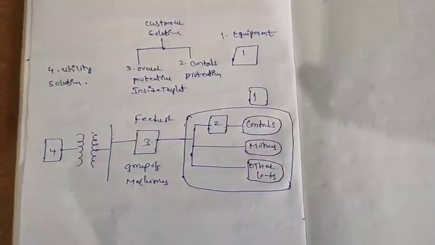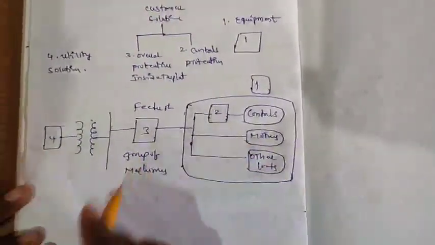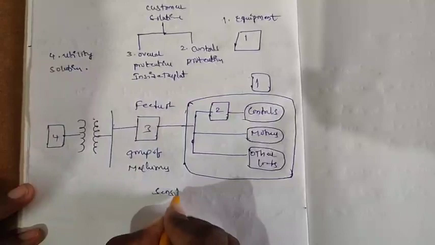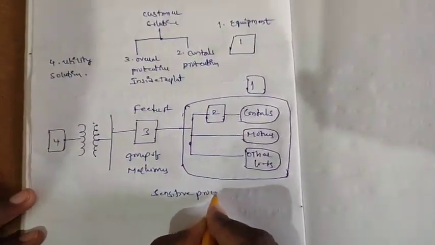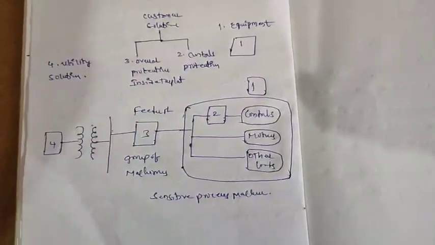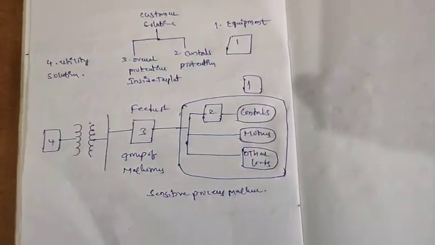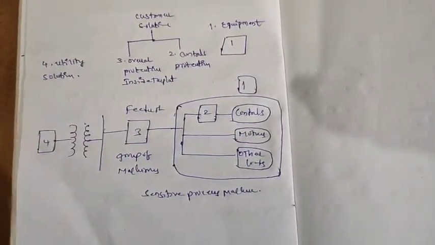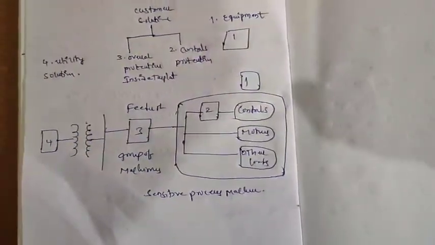We have a sensitive process machine. Consider a sensitive process machine. If any voltage sag occurs, we can reduce the sensitivity of the equipment to voltage sag.